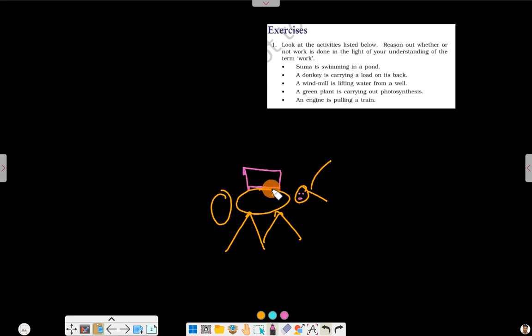So to keep this load in its place, what does he have to do? He has to apply an upward force because the mass of that load is acting downward. Mg is acting downward, so he has to apply an upward force. But when the donkey is moving, displacement is in either this or this direction.